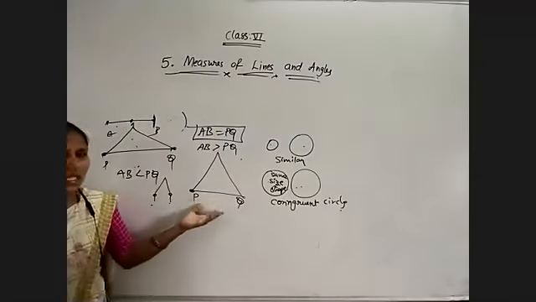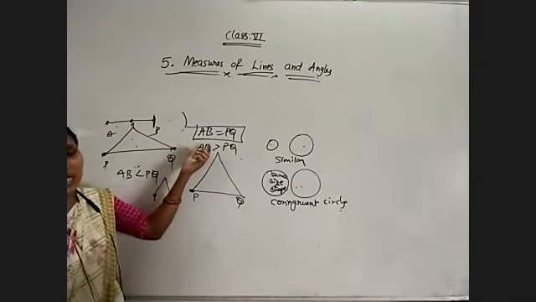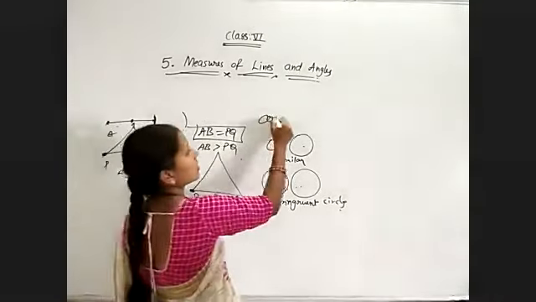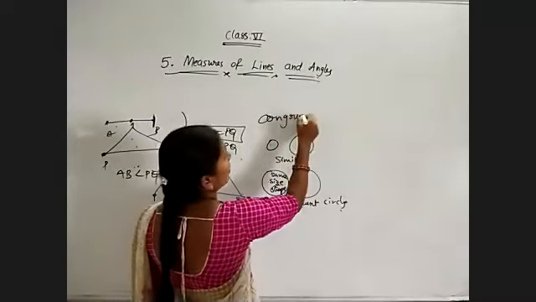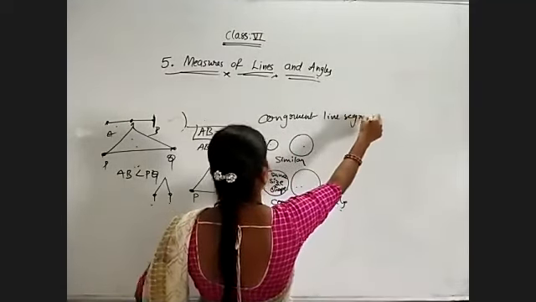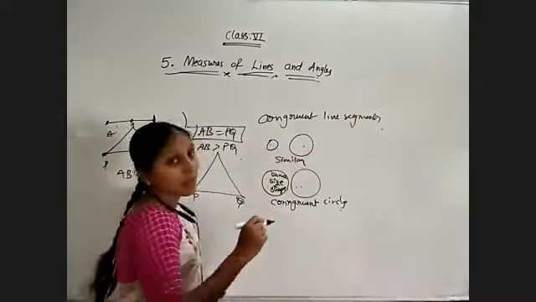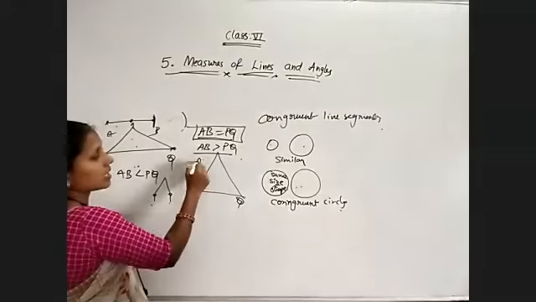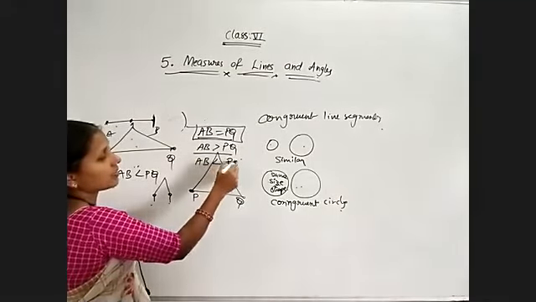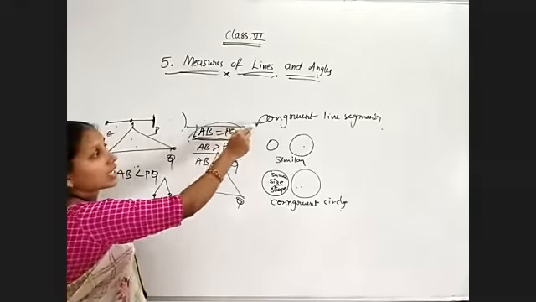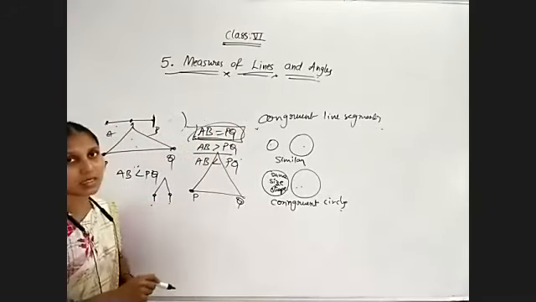Why I am telling this concept is that when two line segments are equal, they are also termed as congruent line segments. There is a possibility they may be equal, greater or lesser. They will be related by one of these three relations. If those are equal, then they are termed as congruent line segments.